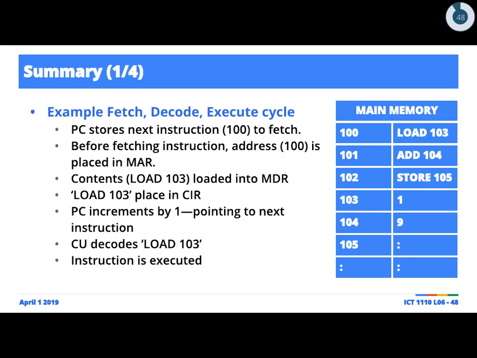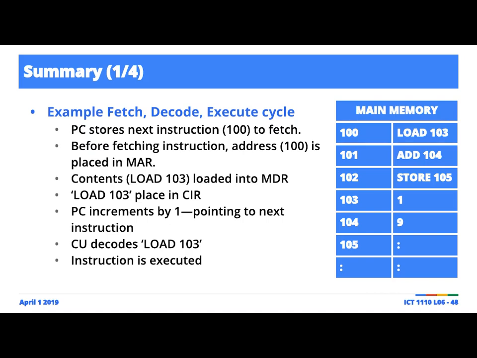It's a summary really. So we are saying this to summarize everything. PC will store the next instruction, and the address in the PC is going to be moved to the MAR, and then PC will be incremented. And then contents will be loaded into MDR or MBR. Finally, they'll be moved to CIR. Well, PC has already been incremented by 1.